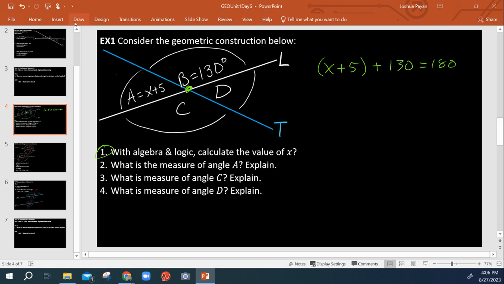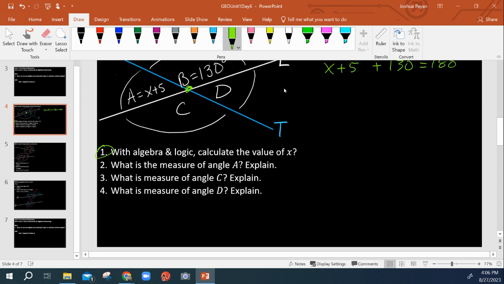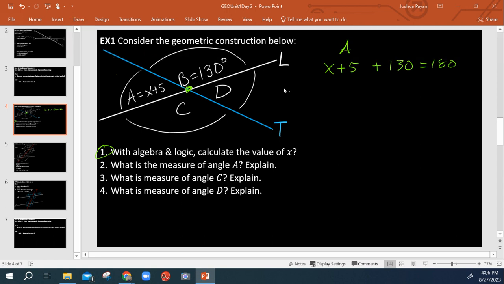So we can go ahead and drop the parentheses, don't need them, but we always want to use them when we're plugging in. So this is simply angle A plus angle B, right? And all we got to do is combine like terms. So we've got x plus 135 is equal to 180. Then we subtract 135 from both sides, and we get that x is equal to 45, right?